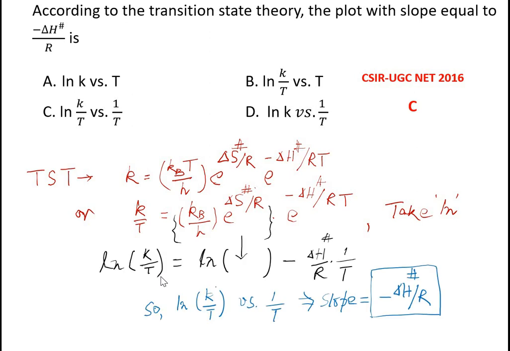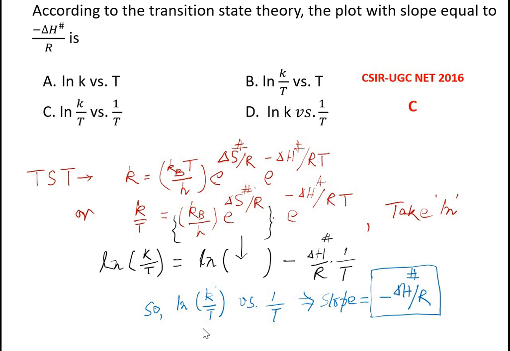So ln of k by T would give you, the log of the first part I am not interested in because T is not there, and this is minus delta H divided by R times 1 by T. So a plot of ln k by T versus 1 by T would give you a straight line with slope minus delta H by R as is given in the question.